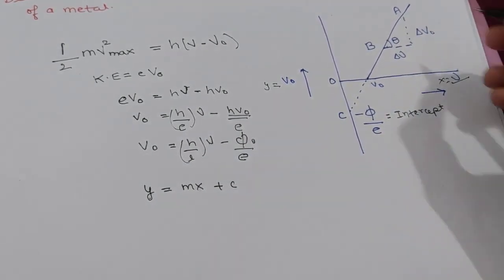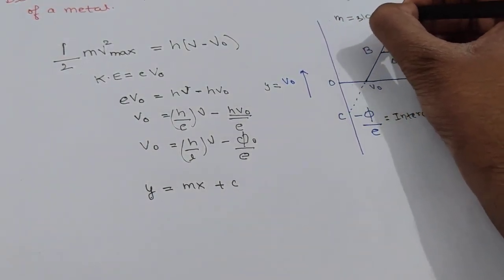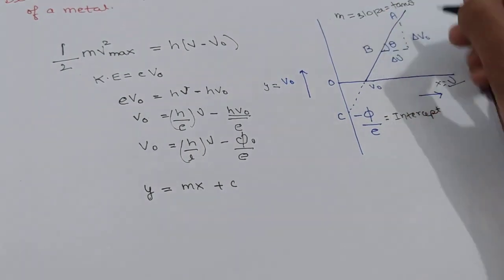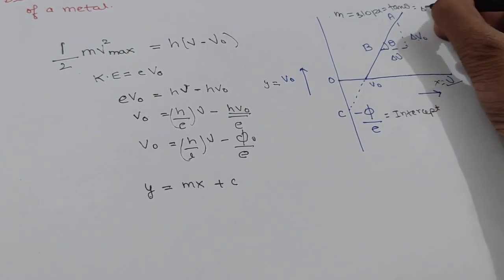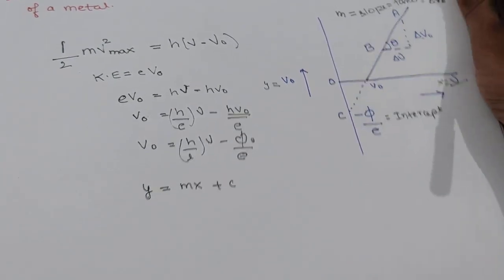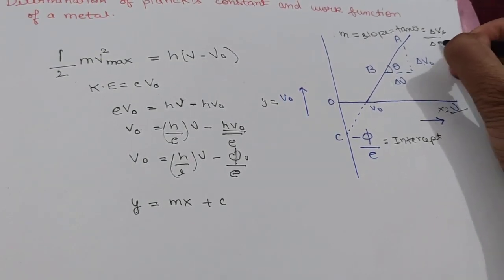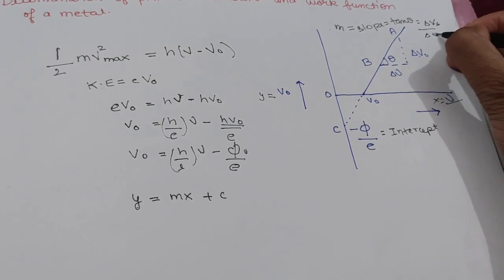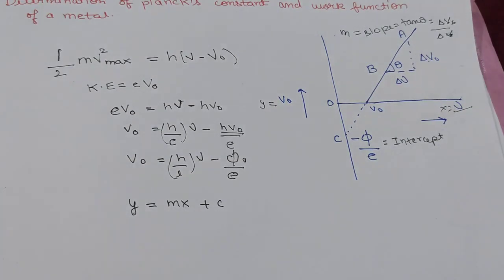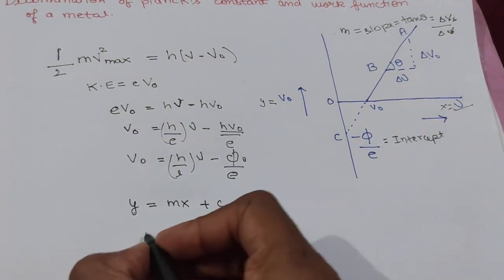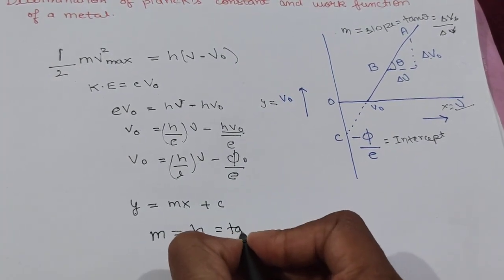So we know that the slope is equal to m. So m is the slope, and slope is equal to tan theta, and tan theta is what? This by this. Now we compare this to this. So m is equal to h by e, which is equal to tan theta.